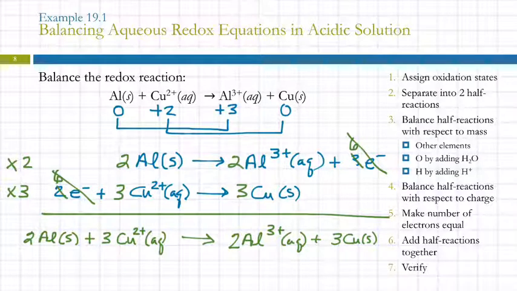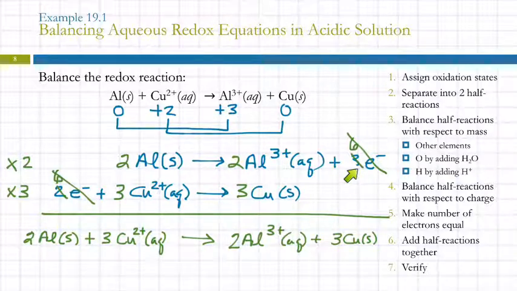Yes? You're not multiplying the 3 and 2 onto the electron, you're multiplying it to like the element. Well, when I multiply by 2, I take all the coefficients in this balanced half reaction. So this was an understood 1, I'm multiplying by 2. This was a 1, I'm multiplying by 2.